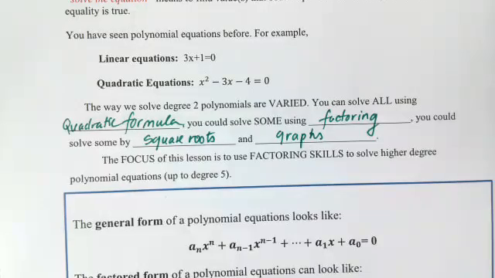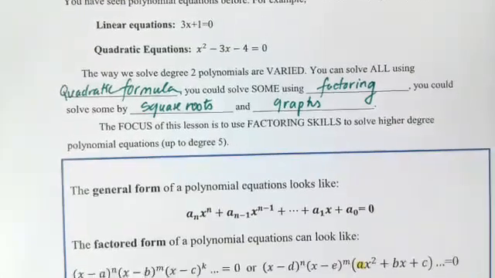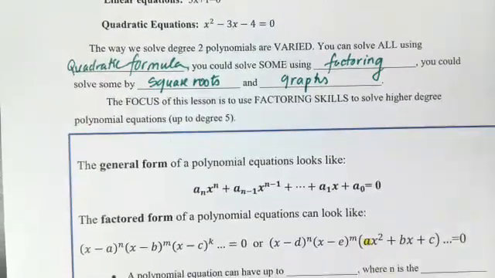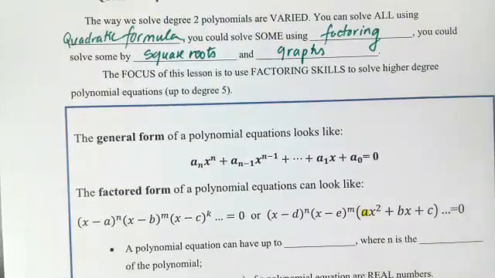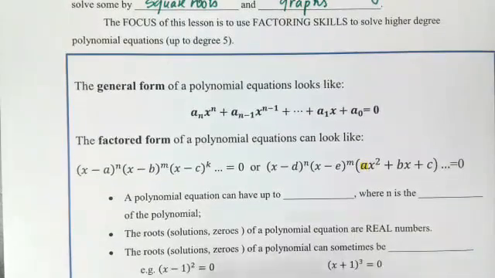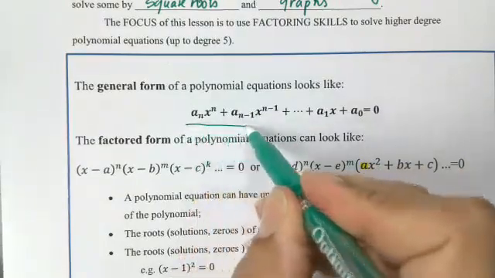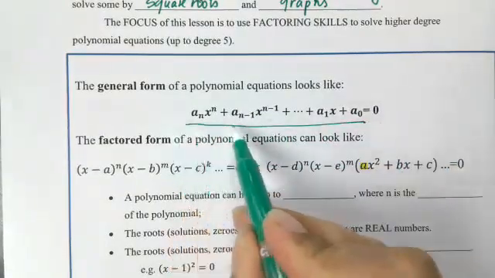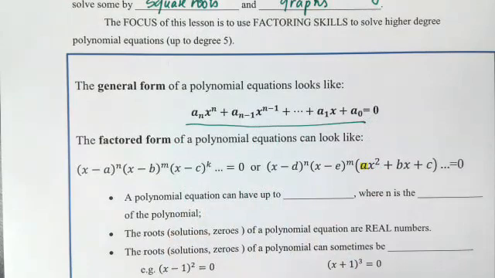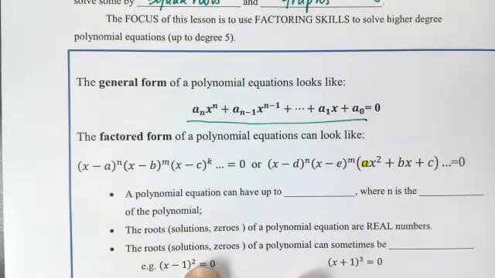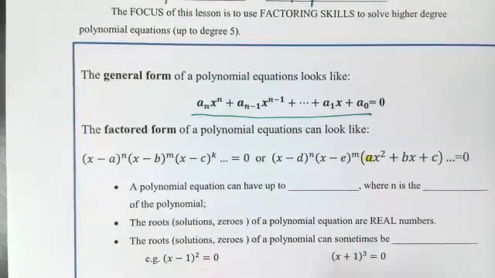Okay, the focus of our lesson is to use factoring skills, the ones with higher degree polynomials, to solve polynomial equations up to degree 5. So you are sometimes going to be given the general form of an equation. Everything up to the equal sign is the same thing as a polynomial that we have worked with so far. But because now we're working with polynomial equations, it will equal a number.